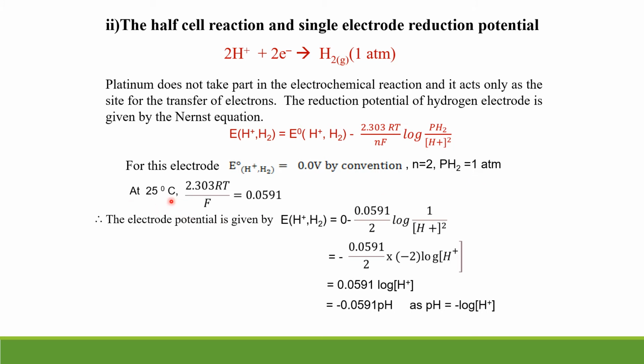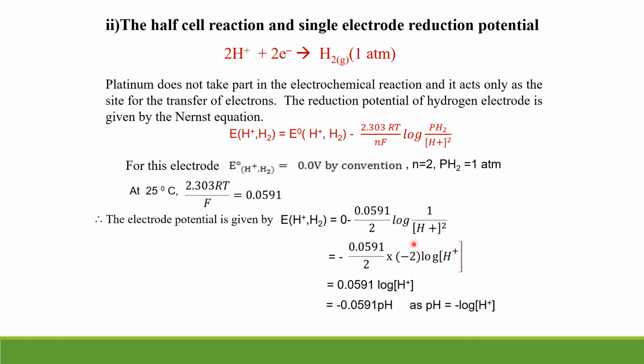At 25 degrees centigrade, the value of 2.303 RT divided by F, we know, comes out to be 0.0591, and if you put it in, the electrode potential is given by E is equal to 0, since the standard electrode potential E0 is 0, minus 0.0591 divided by 2, since there is a 2 electron change, log of 1, the pressure of hydrogen gas being 1 atmosphere, divided by H+ ion concentration raised to the power 2, since 2 hydrogen atoms are involved.